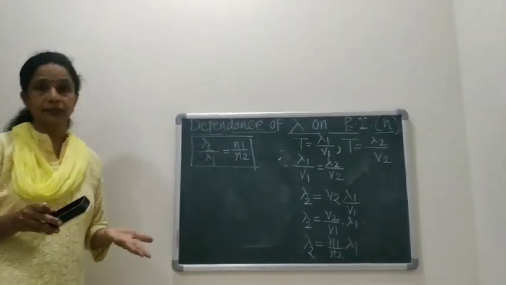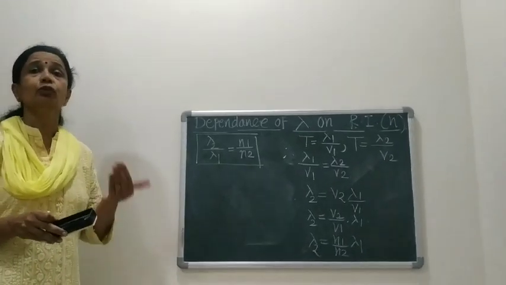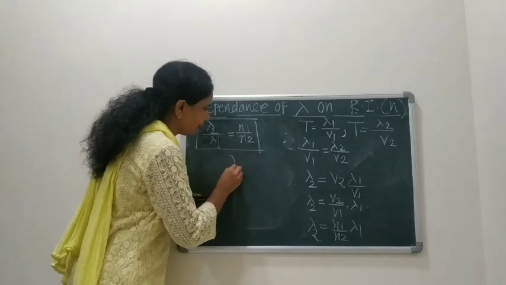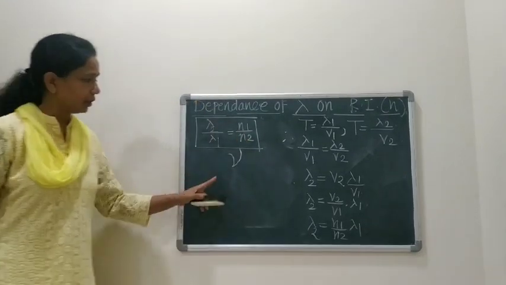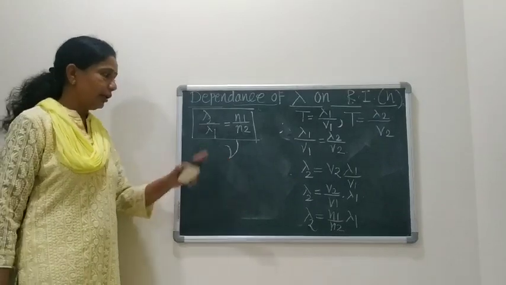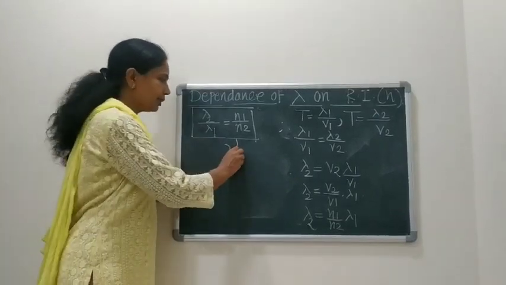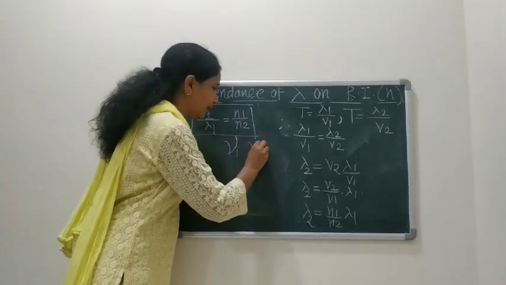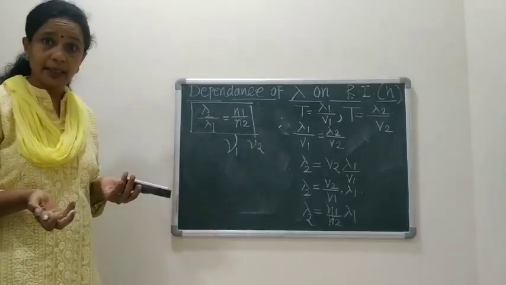Again consider the frequencies of the two media. The frequency of light is always denoted by the letter nu. This symbol is called nu. Then we consider nu1 as the frequency in the first medium and nu2 as the frequency in the second medium.